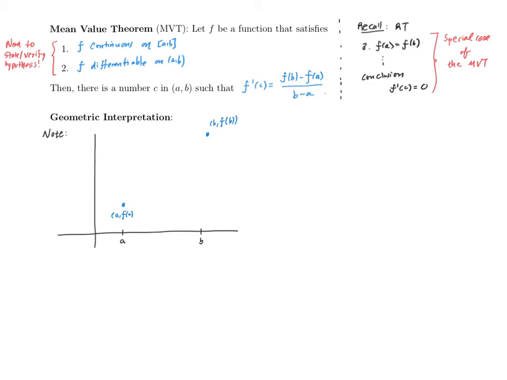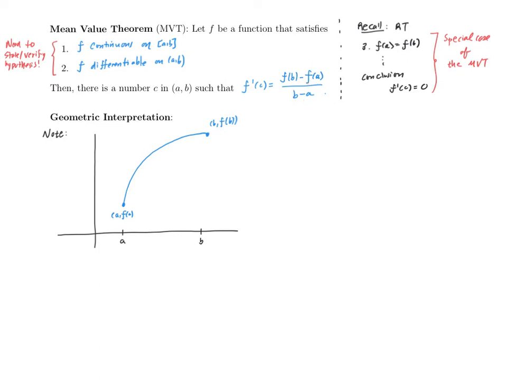If I connect those two points with a continuous differentiable function, so I can draw it without lifting up my writing utensil and there are no sharp points or cusps, what we are guaranteed by the mean value theorem is this point in between, c, with f prime of c equaling f of b minus f of a over b minus a.